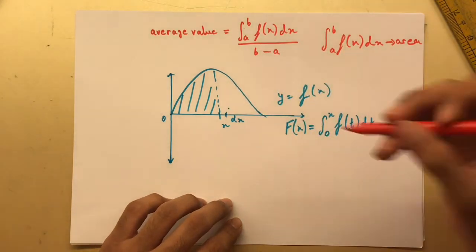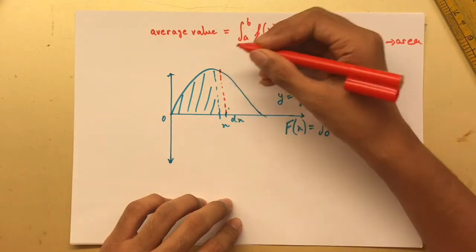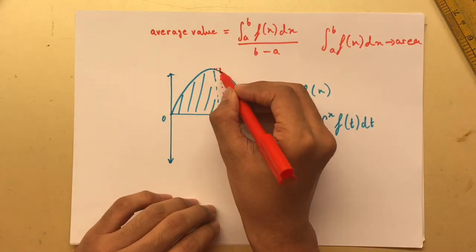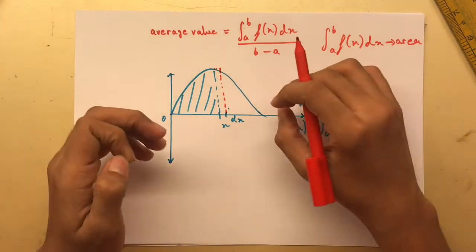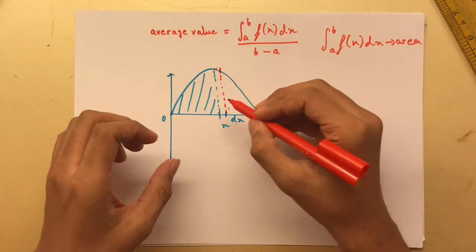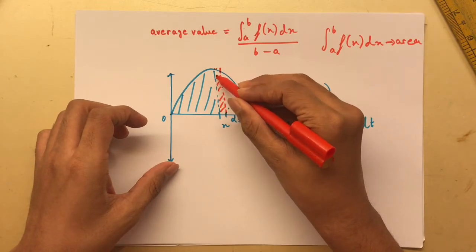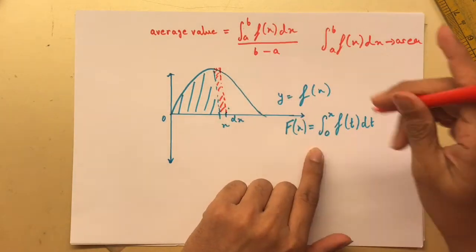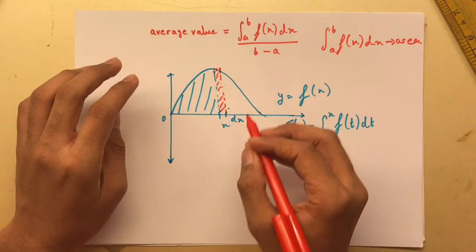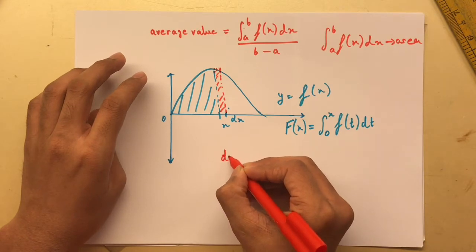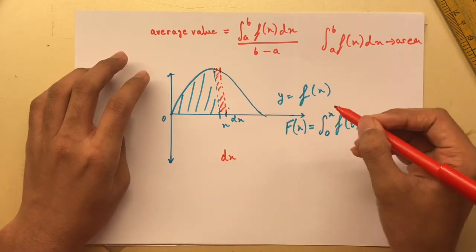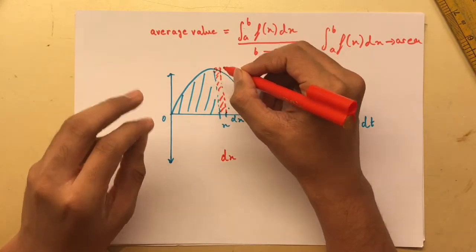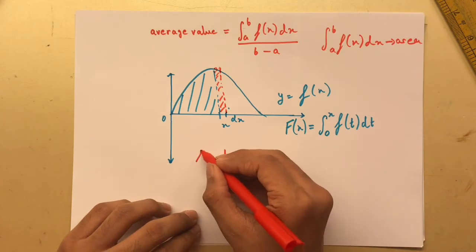So looking at the change in area, because that would give us the change in this function, we can assume that this is a rectangle because this dx is that small. And so this change in the value of F of x, which would be the change in this area, would be this dx times the value of the function at that point, right? Because this little rectangle would be the value of the function at that point multiplied by this dx, so f of x.